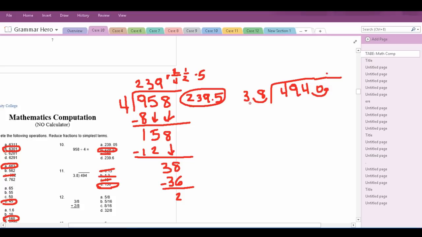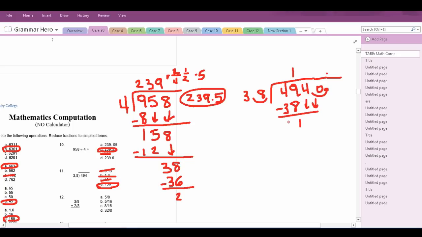I want to first say 38 times what will go into 4? Nothing. 38 times what will get me close to 49? 1 will. And 38 times 1 is 38. Subtract it. 9 minus 8 is 1. And again, we just bring these down.